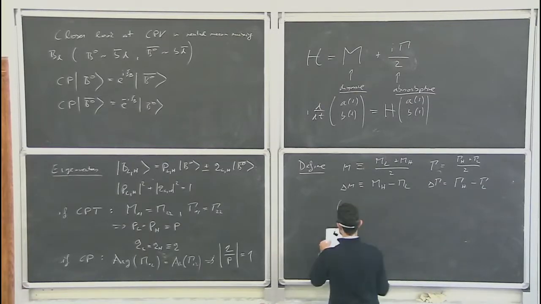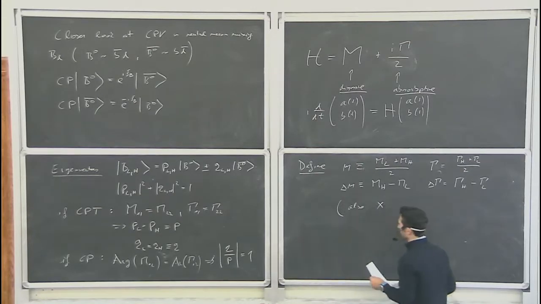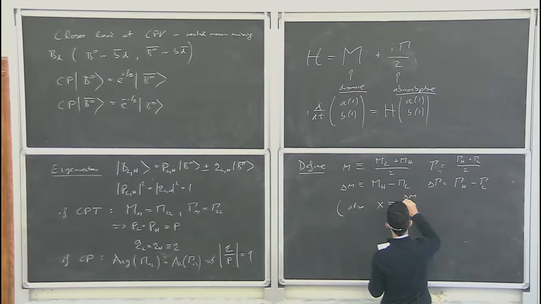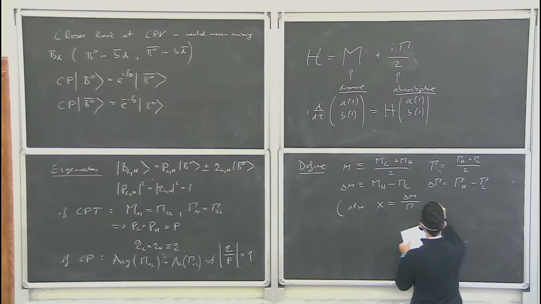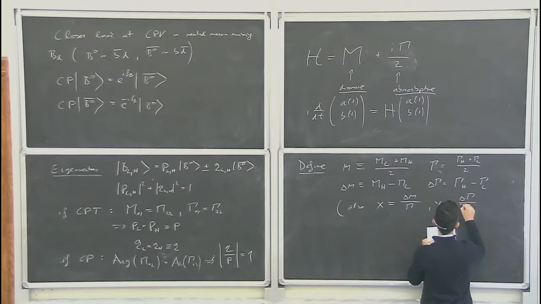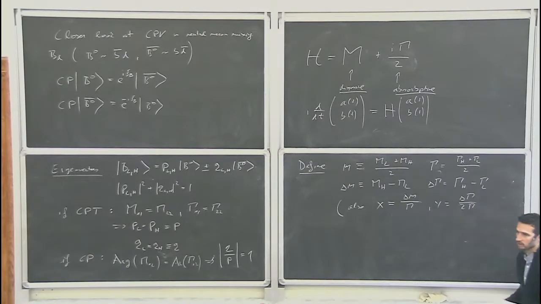Also, I will not use them, but in the literature you will also find related quantities, which are sometimes denoted as x, which is just delta m over gamma, and y, which is defined as delta gamma over 2 gamma.